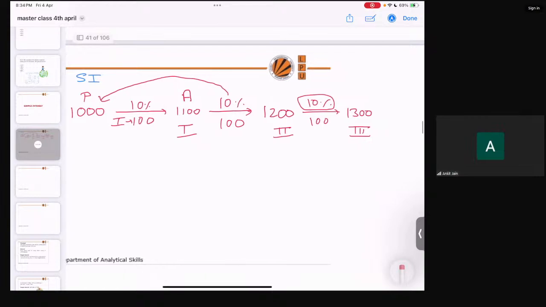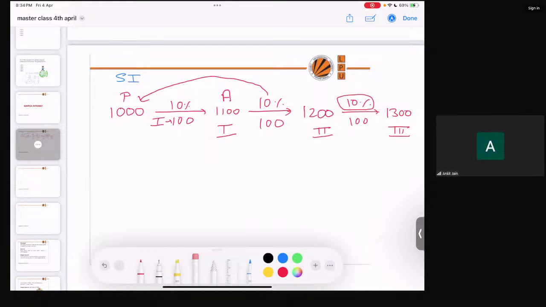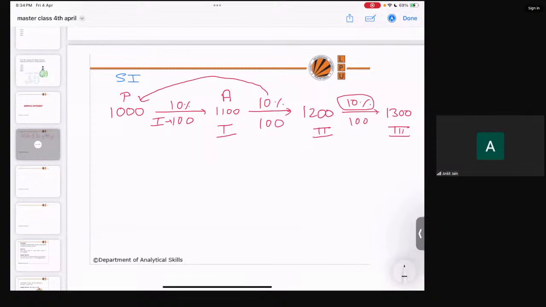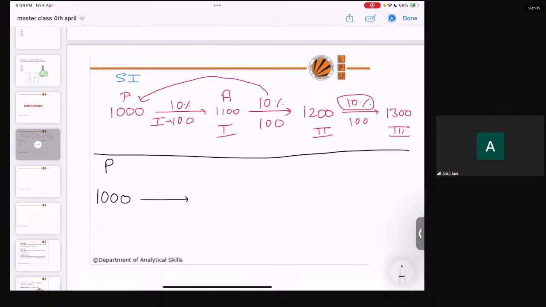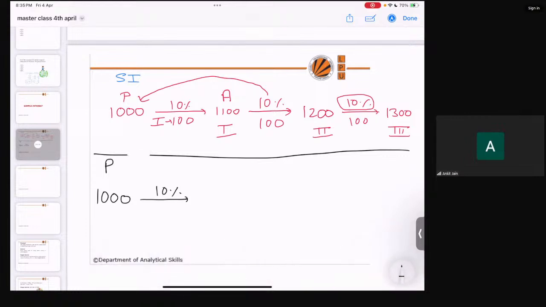But what happens in case of compound interest? In case of compound interest, suppose your principal is 1000 and you get 10% interest. This we are talking about CI. So we get 100 rupees after the first year.